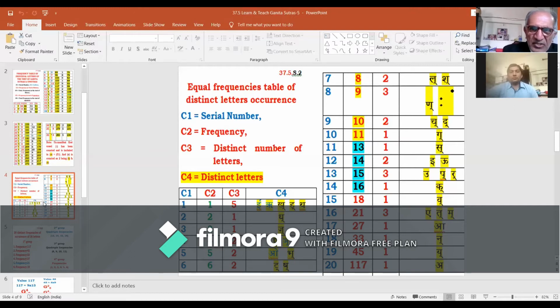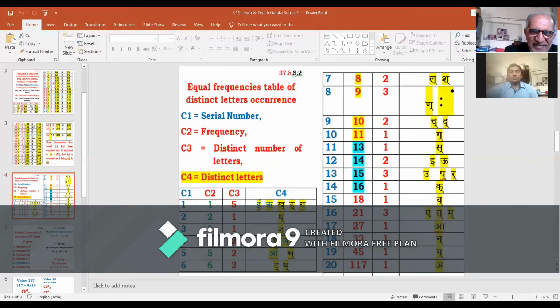C2 is the corresponding distinct frequencies. There are 20 distinct frequencies entered in column 2 as 1, 2, 3, 4, 5, 6. And there is no 7, then 8, 9, 10, 11. There is no 12, then 13, 14, 15, 16. And then 18, 21, 27, 33, 17.